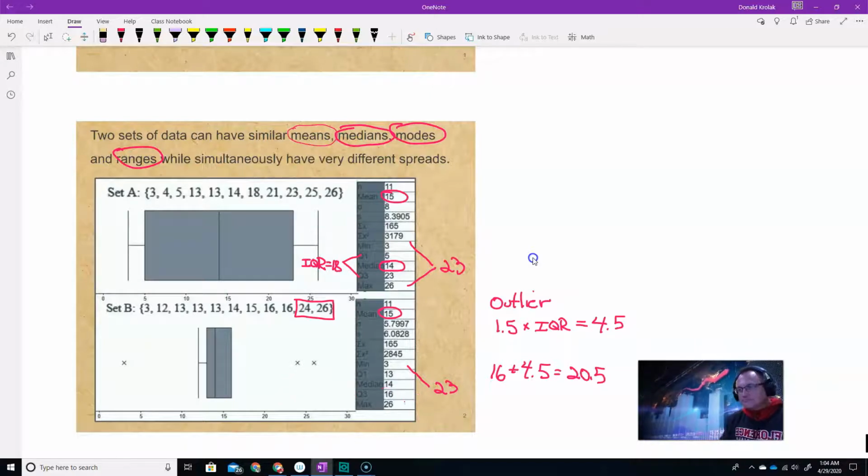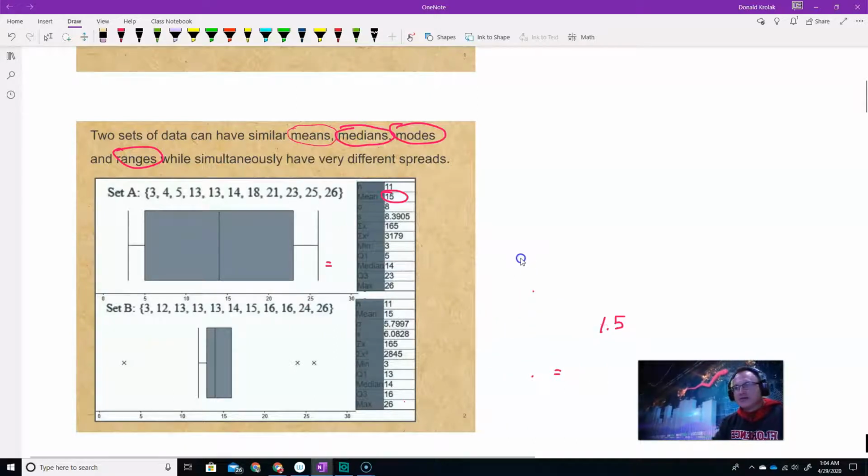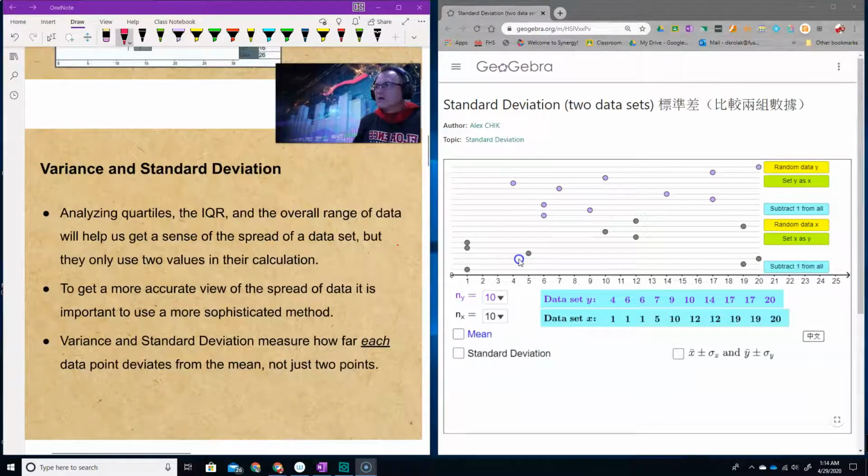All right. So we want to take a look at two other measurements that give a little bit more detail than looking at the range and the IQR. These two additional measures are calculated with a much more sophisticated method, because the IQR just uses Q3 minus Q1, and the range just uses the max minus the min.